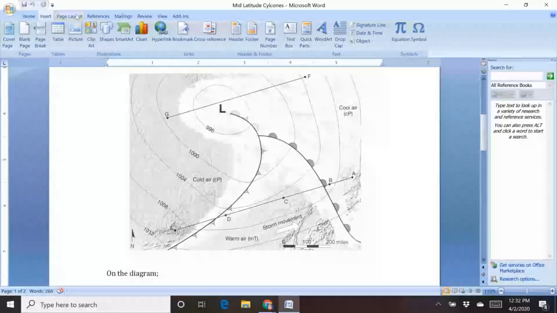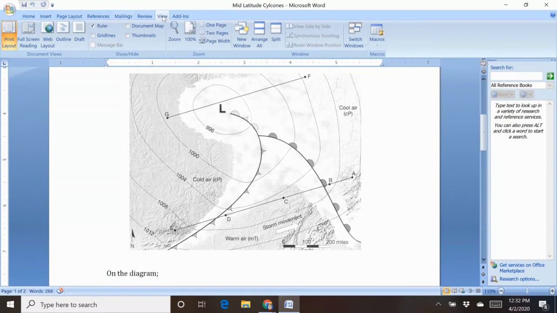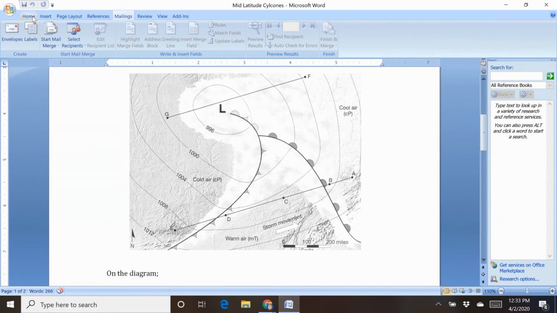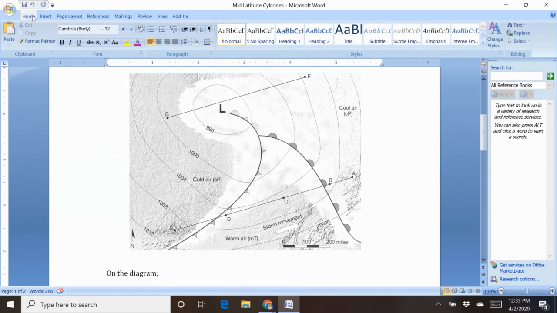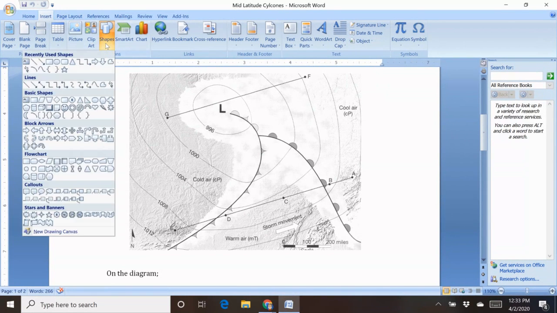And then if I were to go to, I think it's drawings, references, maybe it's home. Who remembers where the arrows are? Oh, here it is, shapes.